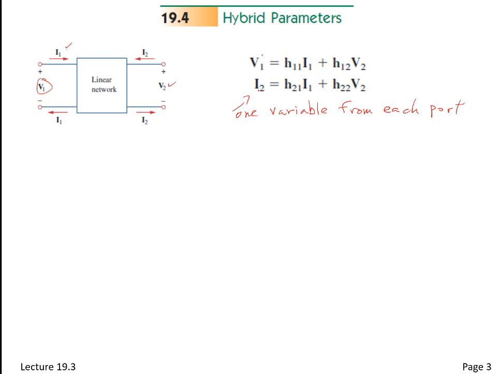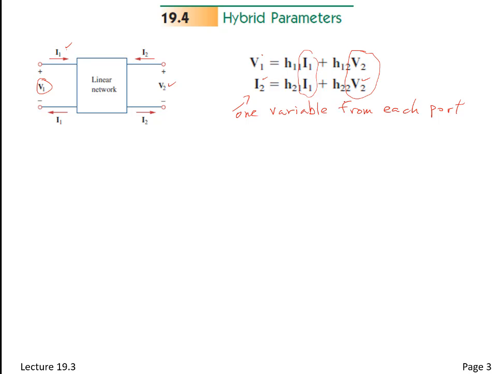The reverse is going to happen in the second equation. If the driving variable is I2, then I must pick V2. And then I can have a choice on the other side, but why would I not pick I1? That's just going to make a mess. Well, I can't pick V1 because it's going to be a driving variable. So the whole thing gets declared however you want to do it.